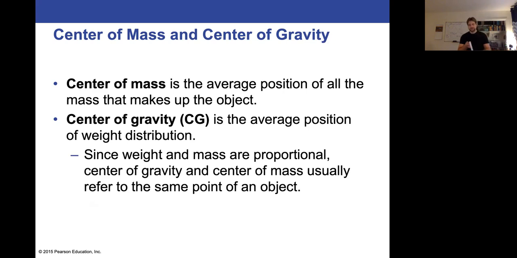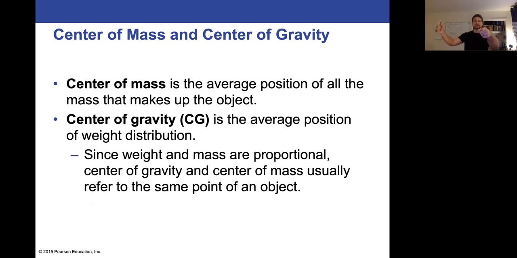If we want to talk about the rotational motion of this object, which point should we track the circular motion of?